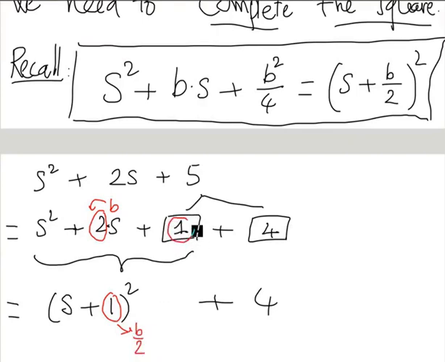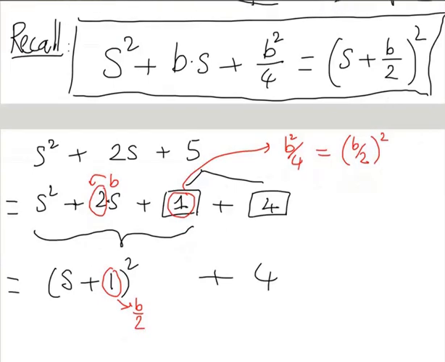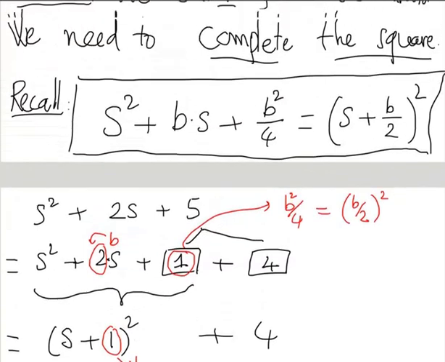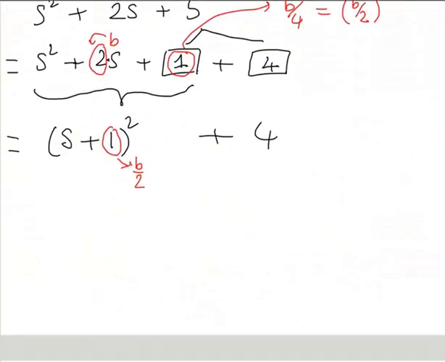And this one here is b squared over 4, which is the same as a half of b, parenthesis squared. And that's how we complete the square. So now we rewrite the fractions.